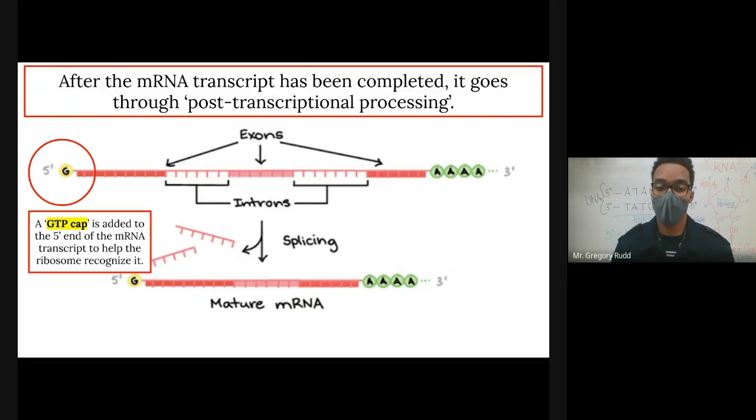The ribosome needs to be able to recognize it and say, this is what I need to be translating now. We'll talk about that process tomorrow. So the GTP cap's purpose is to help the ribosome recognize the mRNA transcript, and it gets added to the 5' end.